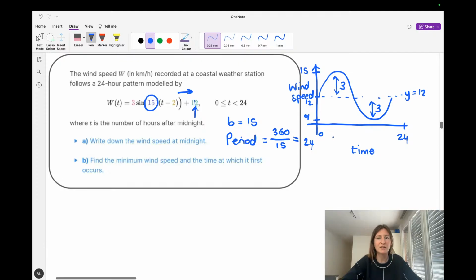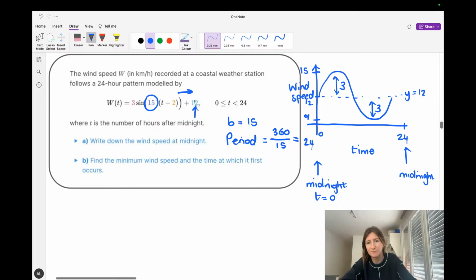So write down the wind speed at midnight. Well, T is the number of hours after midnight. So we're starting here. This is midnight. So that's where T equals 0. That's midnight. And then here's midnight again once it repeats. So we can substitute for T equals 0.